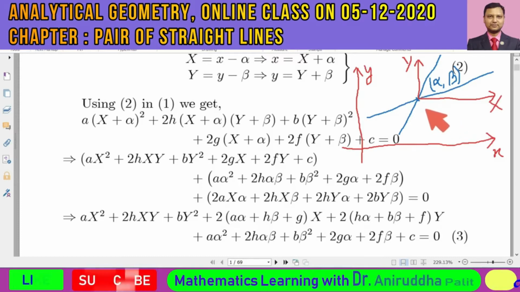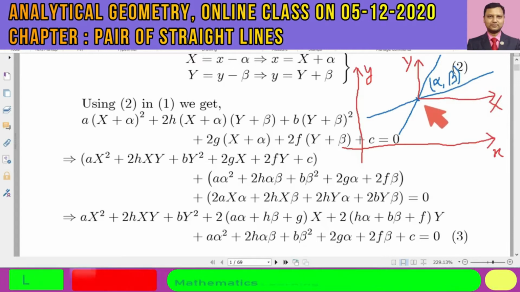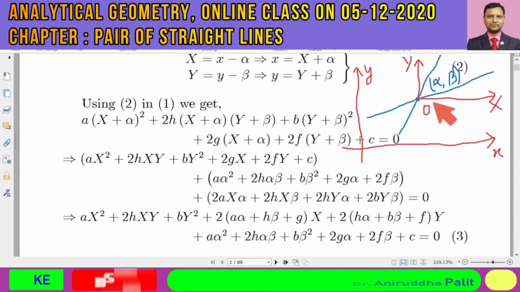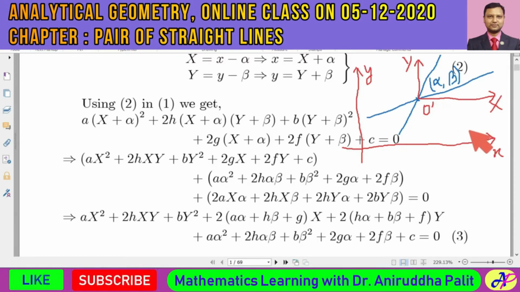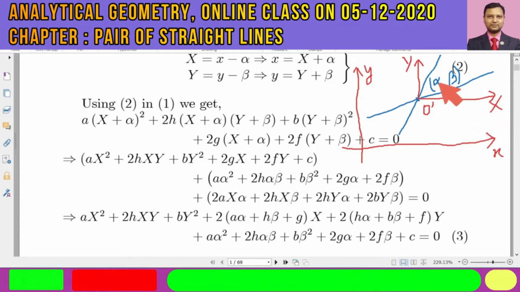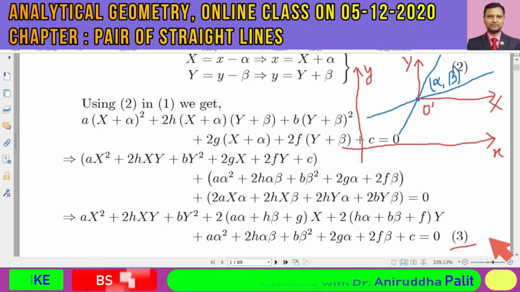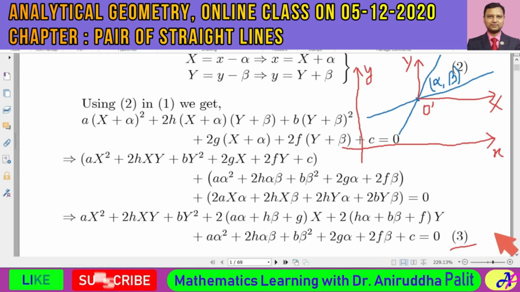Got it? Let us call it the origin, maybe O prime. So with respect to the new coordinates, this pair of straight lines represented by equation number 3 is passing through the origin.